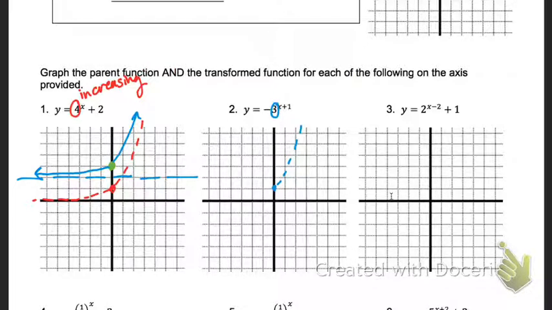Dash. My transformation is it does what? Left or right? Left 1. And what the negative makes it do is it makes it flip completely. So I've got this asymptote right here.